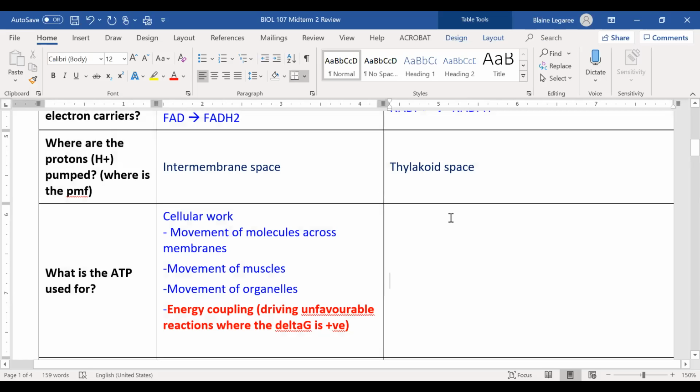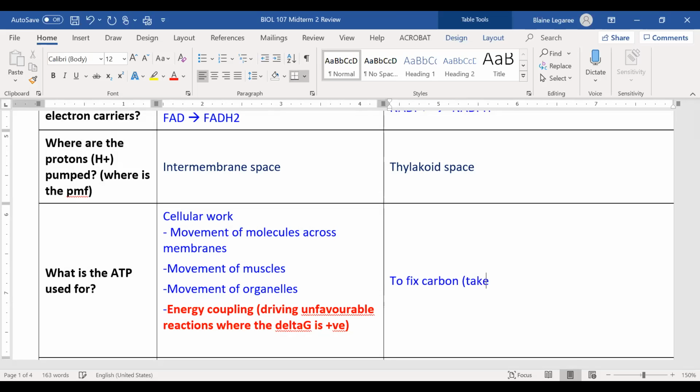Yeah, and like I said, there's lots of things where it's obvious what ATP is used for when they involve movement or something like that, but building things, right? We're building organic molecules all the time. We're trying to grow, we're trying to build new cell parts, trying to do all sorts of things. So what is the ATP used for in photosynthesis? The ATP is used to fix carbon, okay?